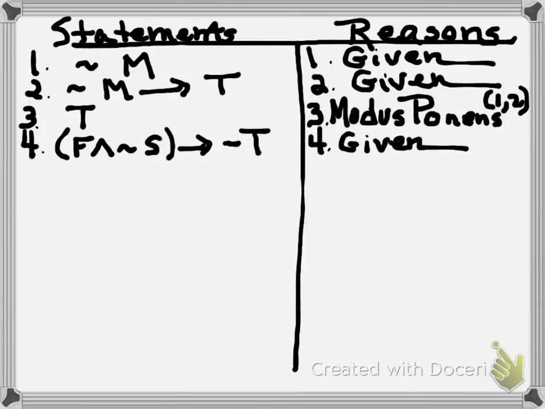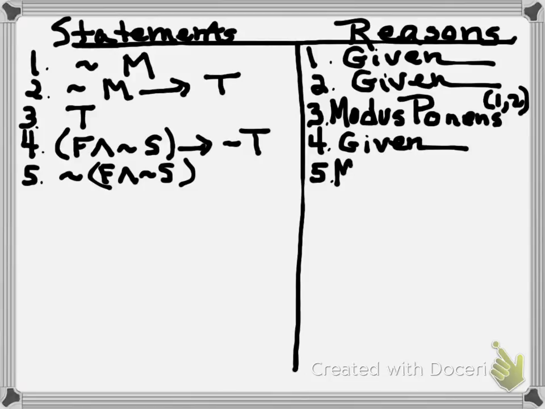Then putting these two together, my conclusion is not, and then parenthesis, F and not S. And what's the reason? Oh, no, it's not a disjunction. Number 4 is a conditional.